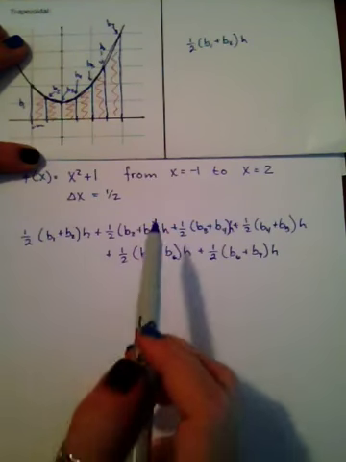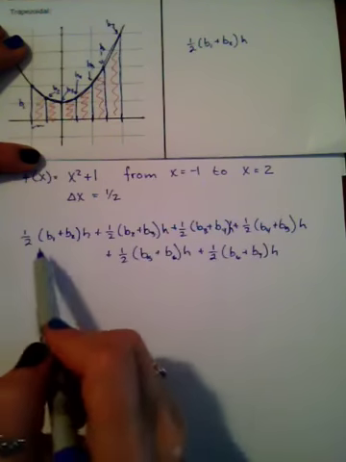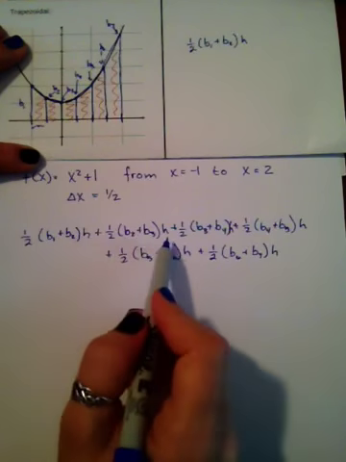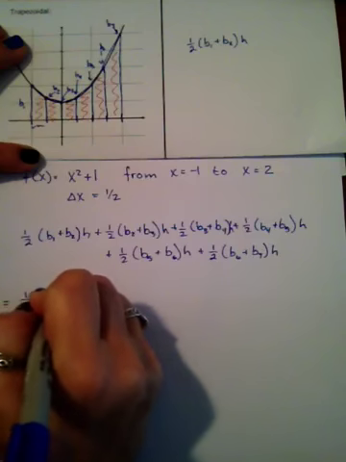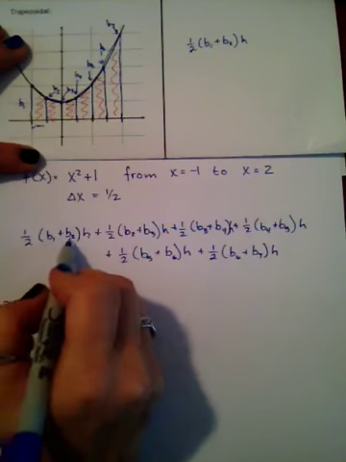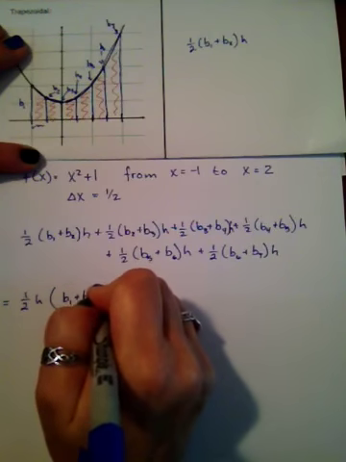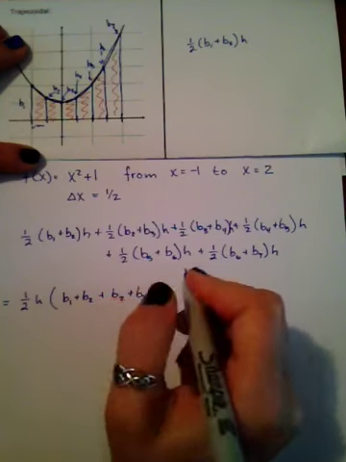Now if you look at this, we can say each trapezoid represents really just one term, and each term has two things in common, the half and the h. So I'm going to factor out 1/2 h and look at what's left. For this first term, I'm left with b sub 1 plus b sub 2. For the next term, I'm left with b sub 2 plus b sub 3.